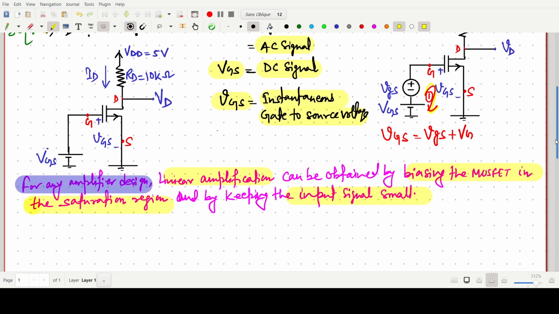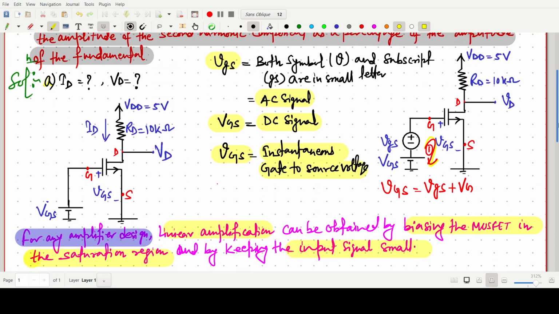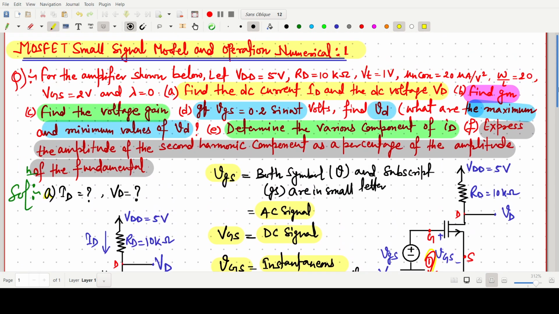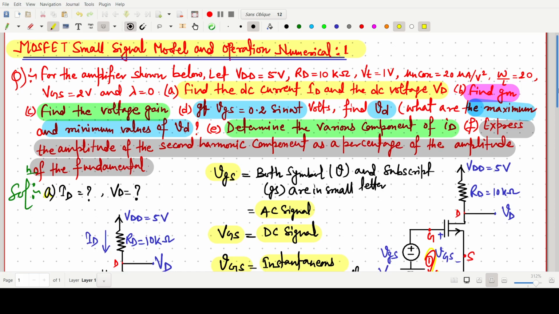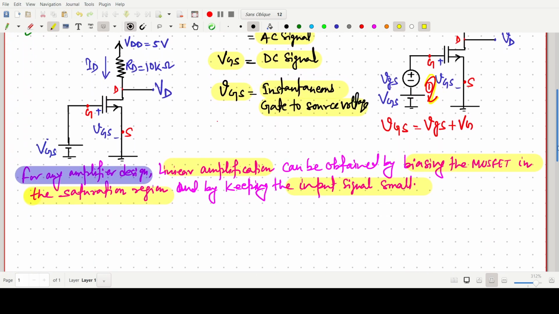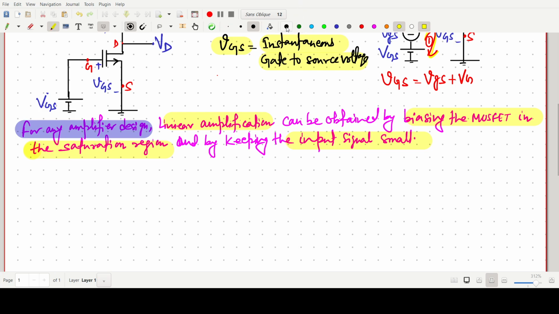So now one can easily find the other parameters because everything is given: RD, VDD, VT, mu n, COX, W by L. So one can directly write the drain current equation, ID, in the saturation region.